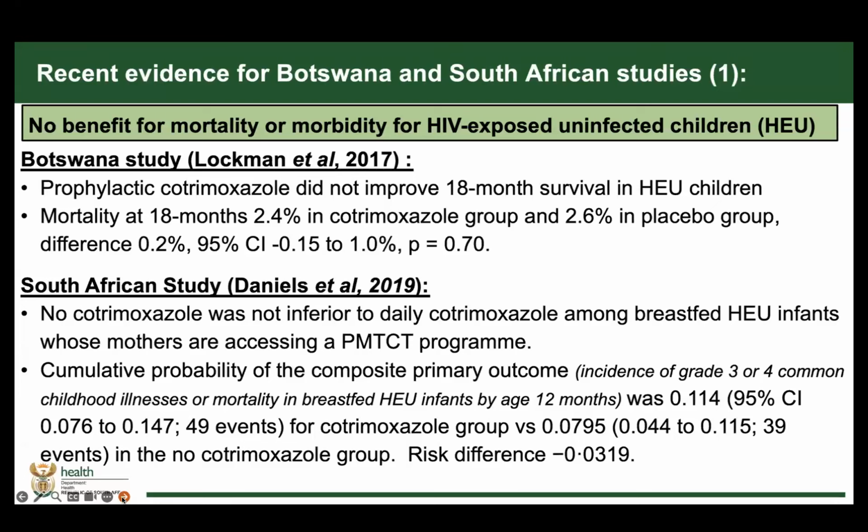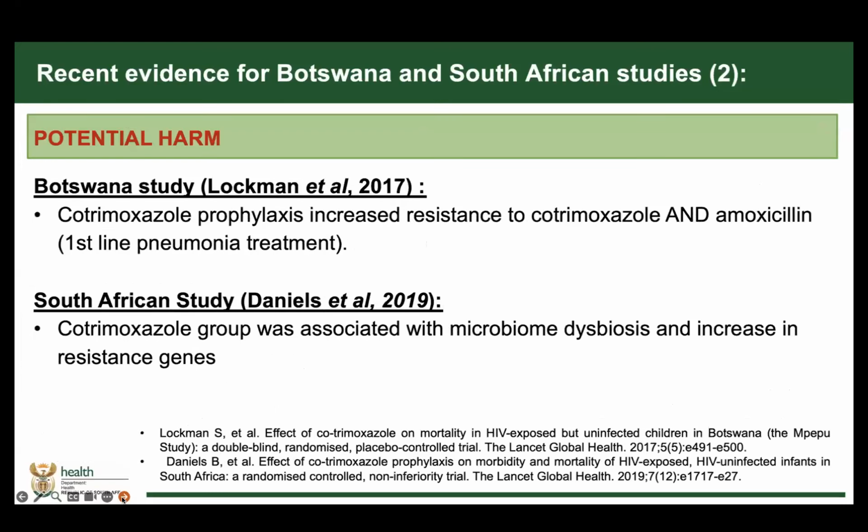So certainly the benefit that we were seeing very early on in the program, where we had many more children who were HIV infected, and our diagnosis of HIV was delayed because of testing and treatment algorithms, has been lost in the current setting. And there's also potential for harm.